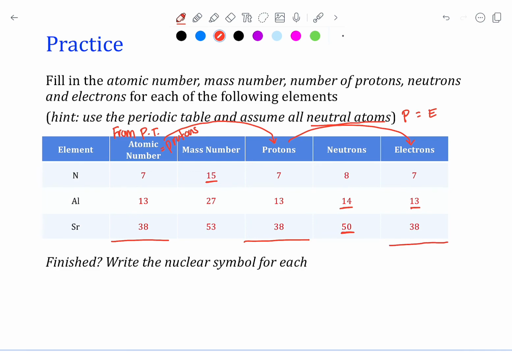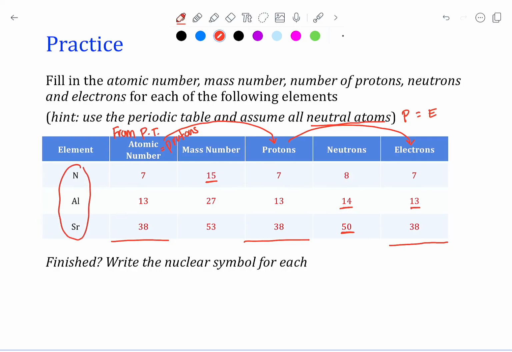So if we know our atomic number, we know our number of protons and our number of electrons if we have a neutral atom. If we didn't have a neutral atom, then our electrons would be different than our protons, which we'll talk about here in a second.